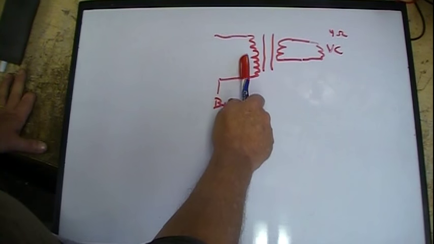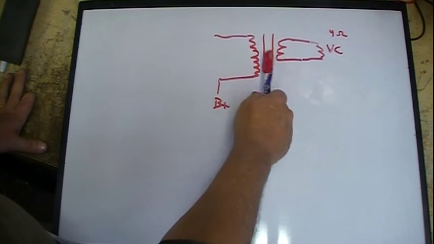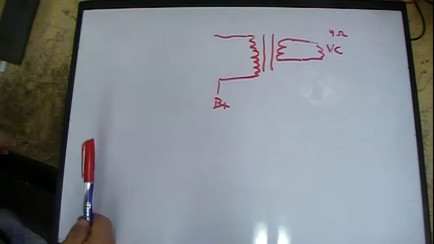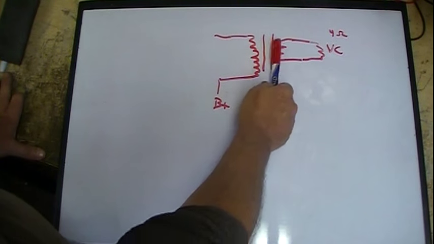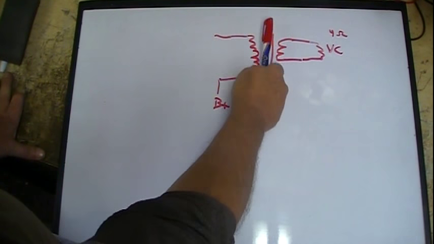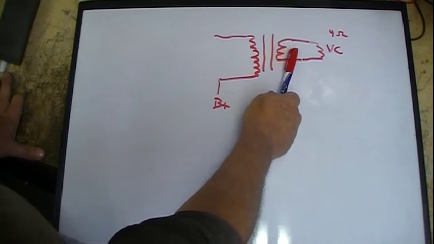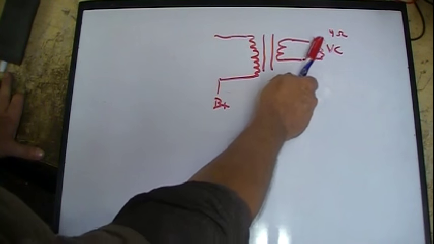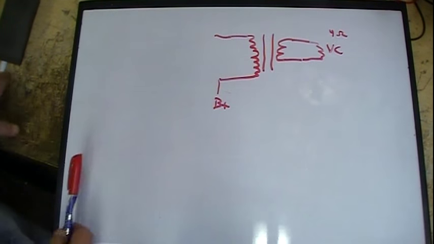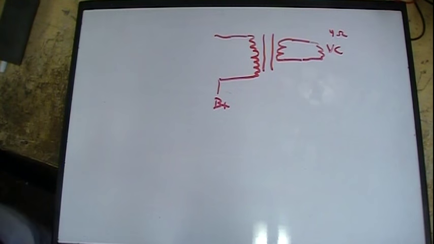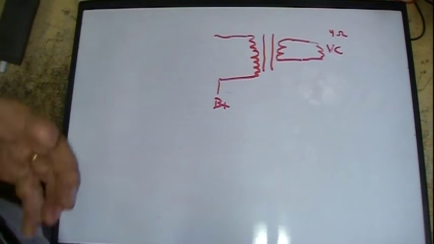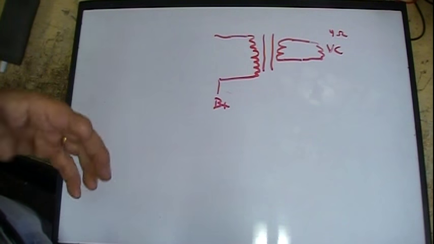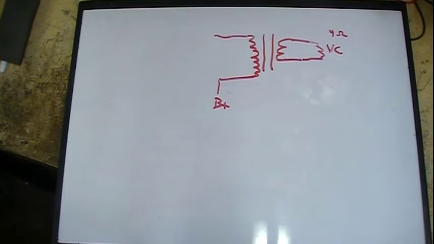So whatever voltage is here, I'll have a lot less, in comparison to the turns ratio. Now it steps up the current, and the only reason they do that is because current is what actually does work. That's what you really need in that voice coil to get it to move and do its job.